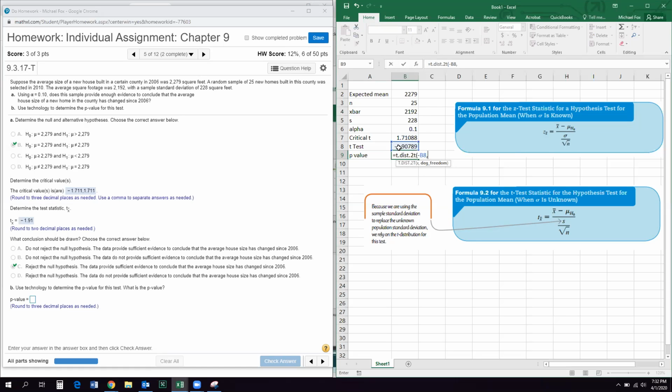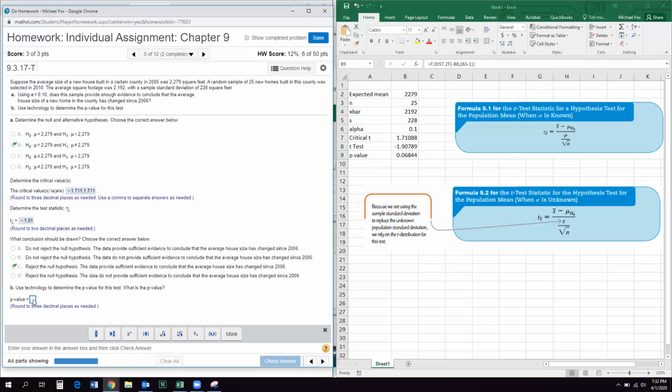And then degrees of freedom is n minus 1. Oops, I think I didn't close that parenthesis out. And that's going to be our p-value. Again, I don't have to multiply it by 2 because I used the 2T formula. I was already telling Excel that it was two-tailed. So 0.068.